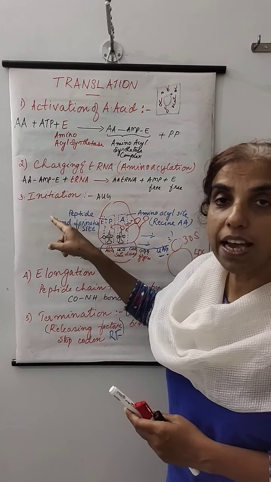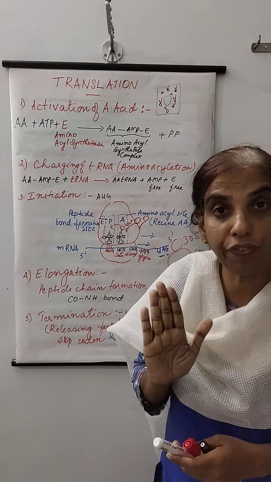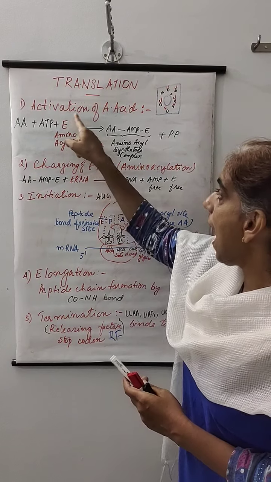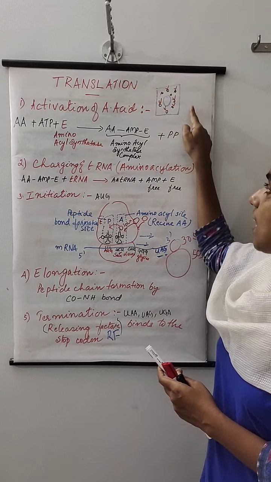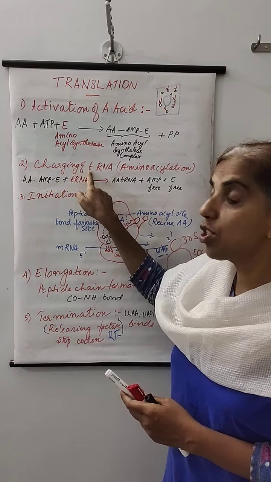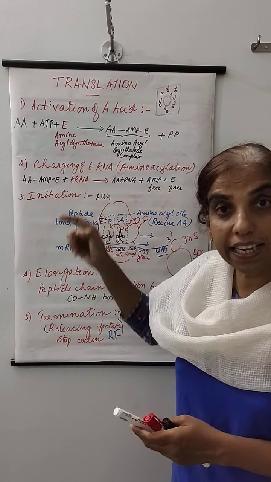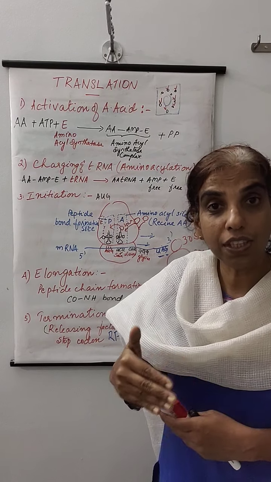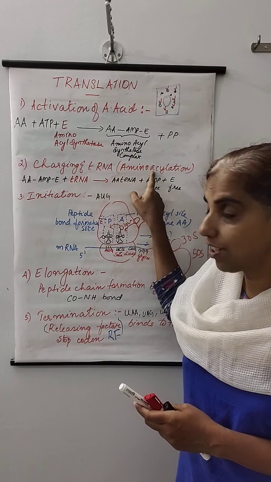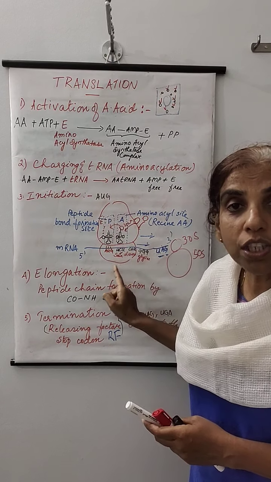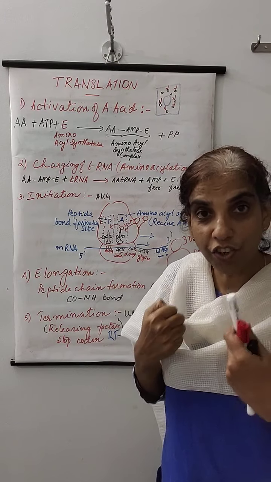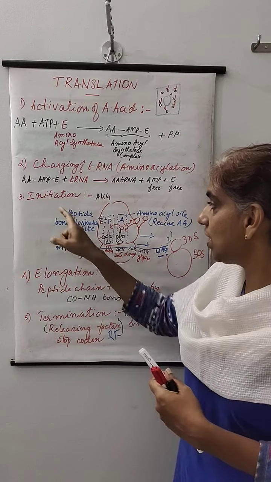So altogether we have seen 5 distinct phases in translation. First, activation of the scattered amino acids in the cytoplasm by ATP. Then comes charging with transfer RNA along with the activated amino acid, that is called aminoacylation. Then the whole ribosome machinery gets geared up and ready for initiation.